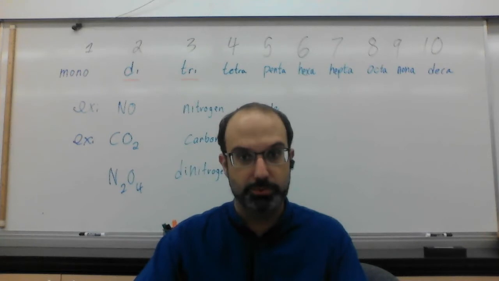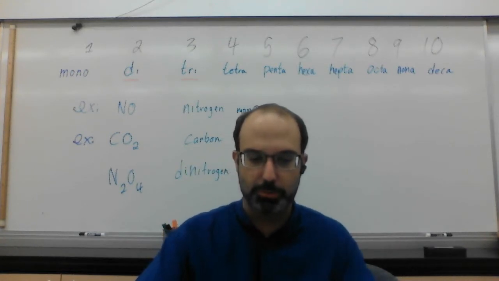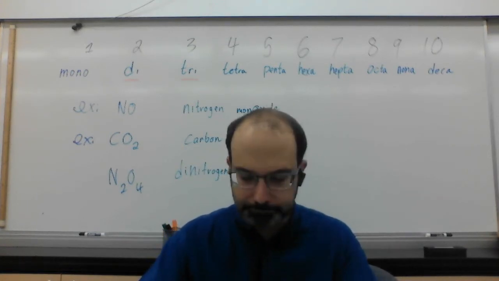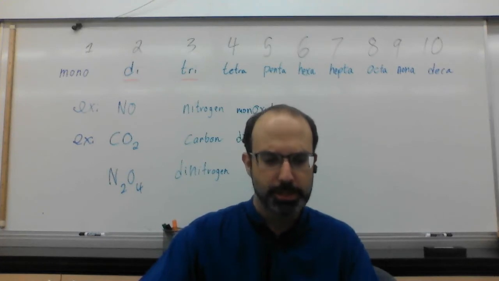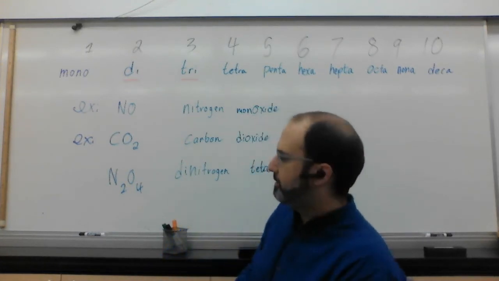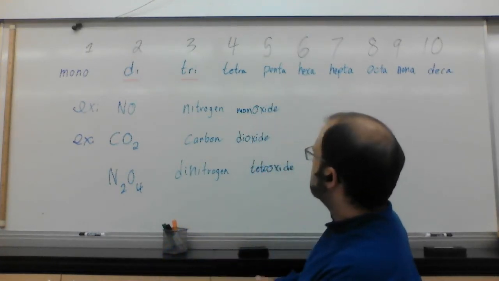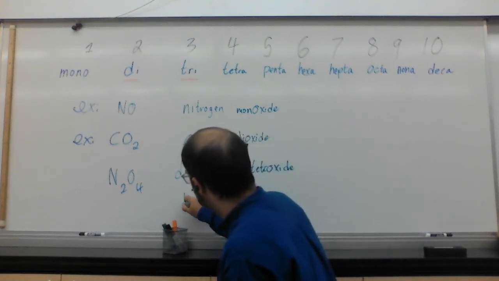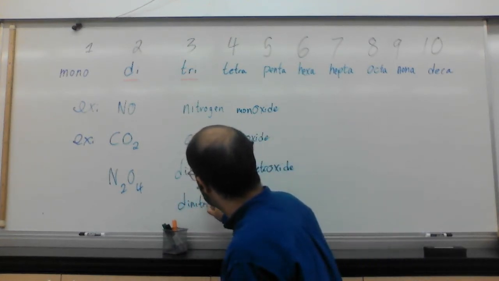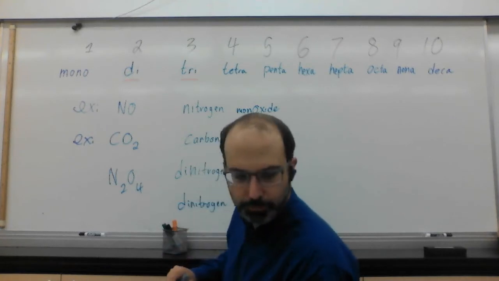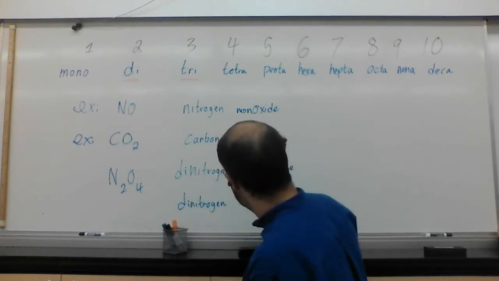What about names to formulas? Those were always much more difficult. Well, take a look at page 22. Page 22, we have an example here. We have dinitrogen monoxide.